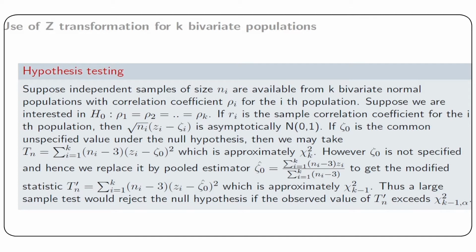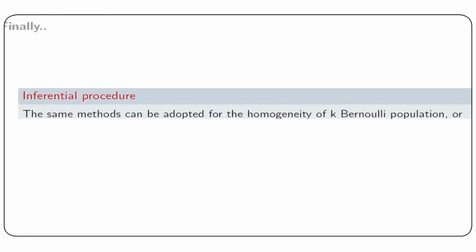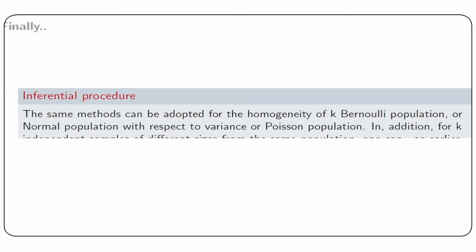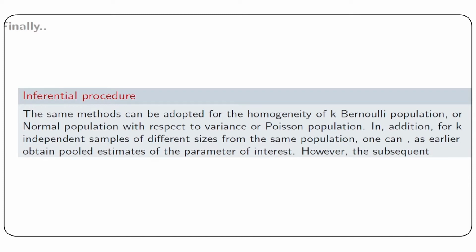Since we have one linear restriction, we get the asymptotic distribution as chi-square k minus 1, as compared to the chi-square distribution with k degrees of freedom for Tn. Therefore, a large sample test would reject the null hypothesis if the observed value of Tn dash exceeds chi-square k minus 1 alpha.